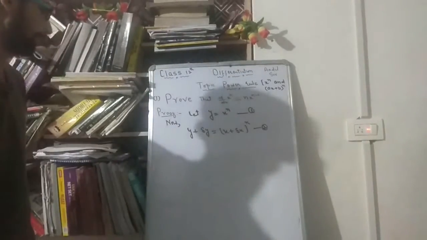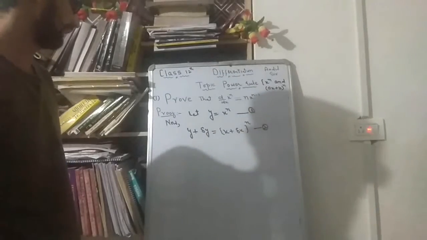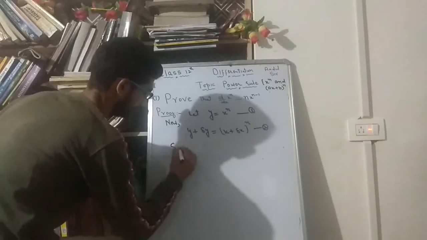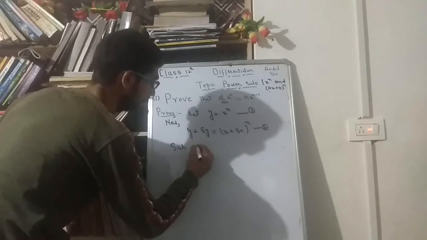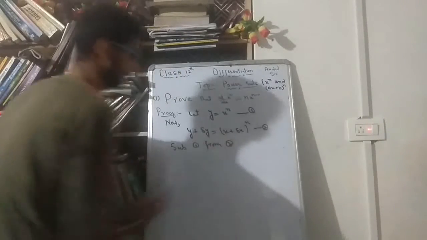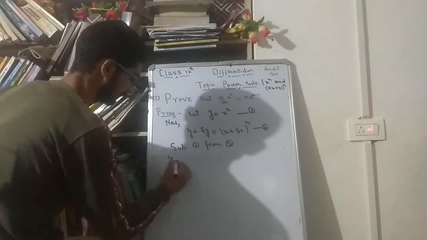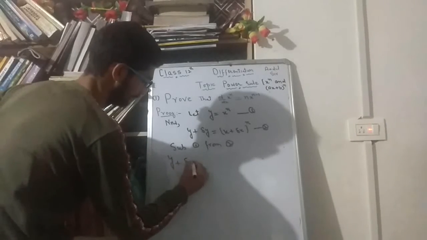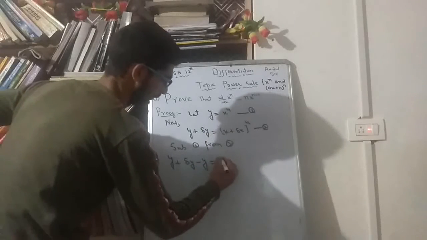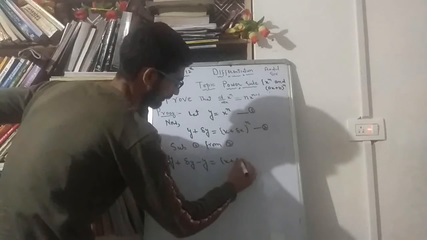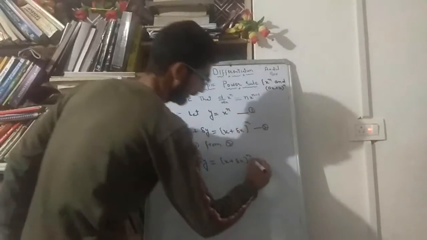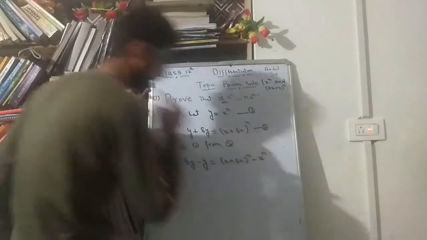The third step in the method is to subtract the first equation from the second. So it will be y plus del y minus y equals (x plus del x) raised to the power n minus x raised to the power n.